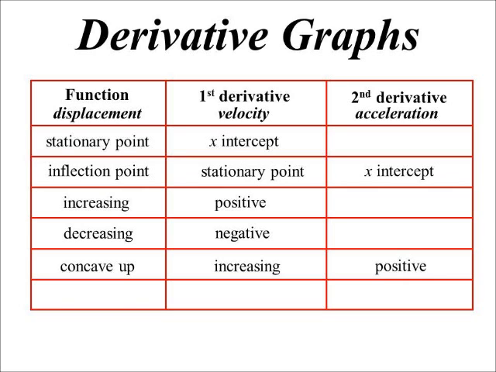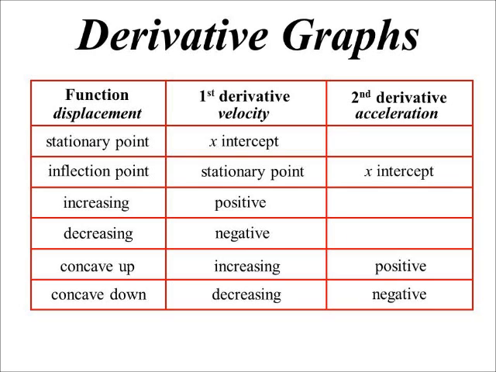If it's concave up, the second derivative is positive. So logically, again, working backwards, if the second derivative was positive, it must have come from an increasing graph. So the first derivative would be increasing. And so concave down, the first derivative would be decreasing because the second derivative is negative.